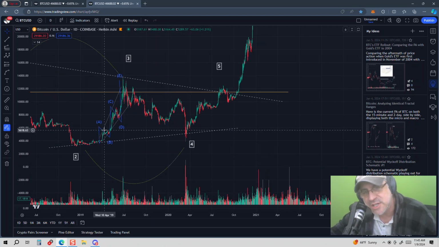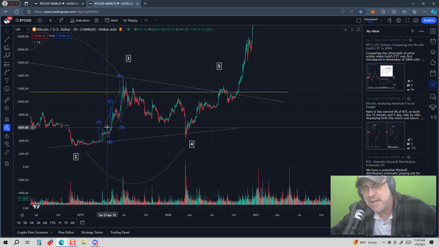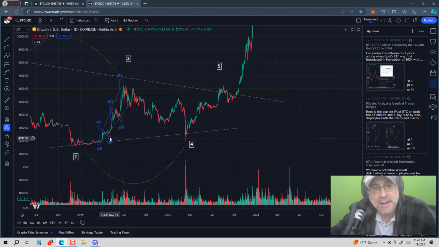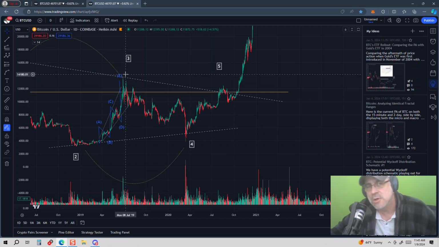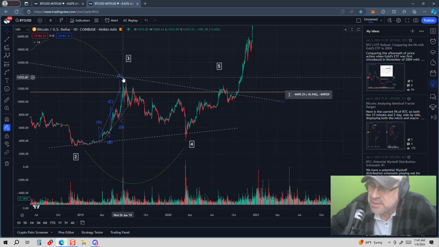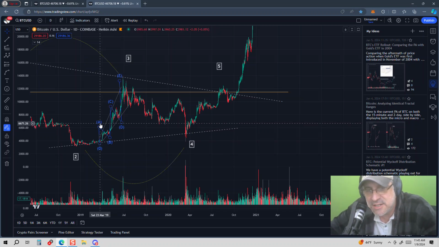And here I just did it for the sake of simplicity. I did it in blue. We have A, B, C, D, and then the longest wave being from D to E. Now, if you look at traditional wolf wave technical analysis, it's enumerated instead of alphabetized. So you'd have 1, 2, 3, 4, 5, coming up like that.